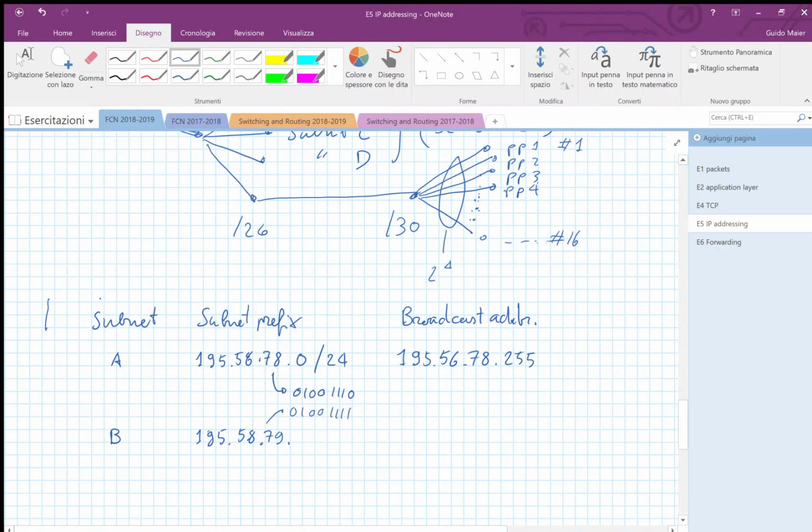We are still in the block of the overall network, because the original address of the overall network was a /23, so it did not include the last bit. So the last bit can be either 0 or 1. That would be 0, but we are in a /26. So what would the broadcast address be?